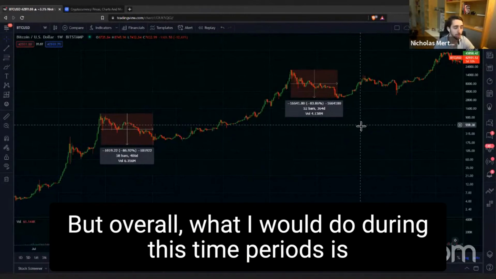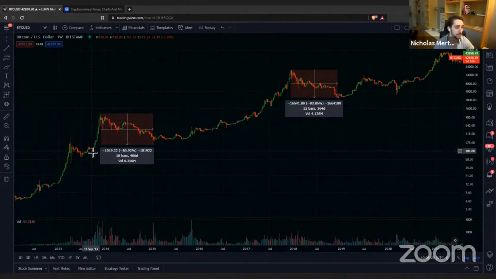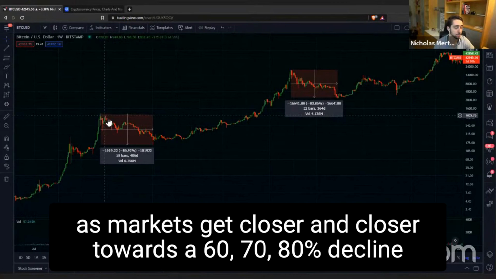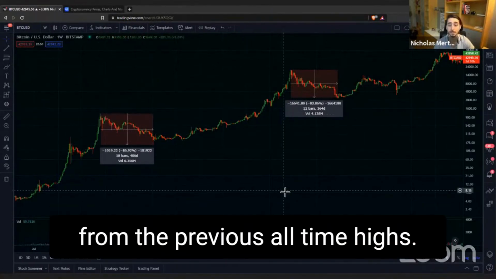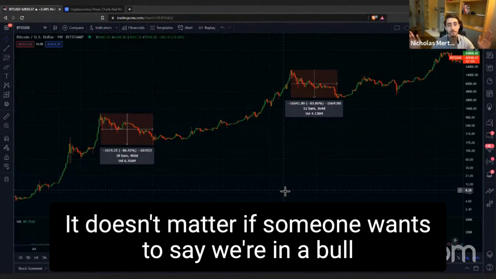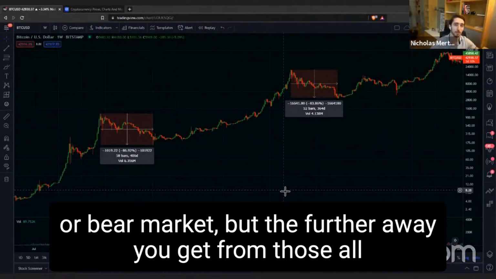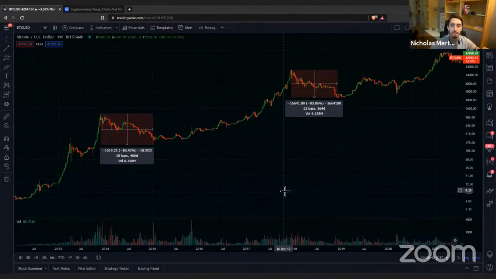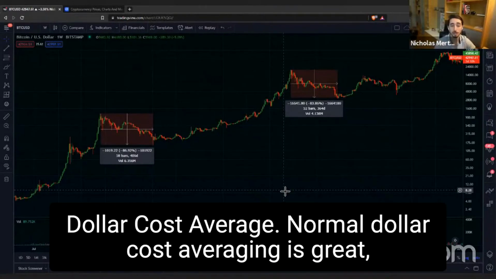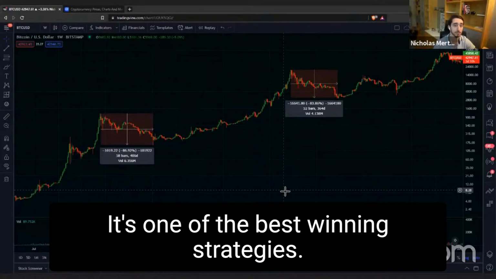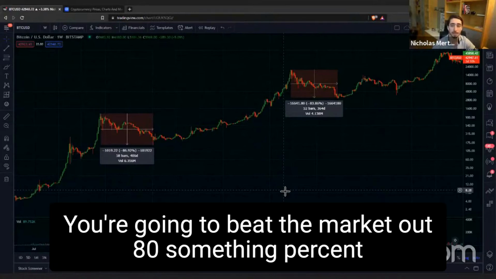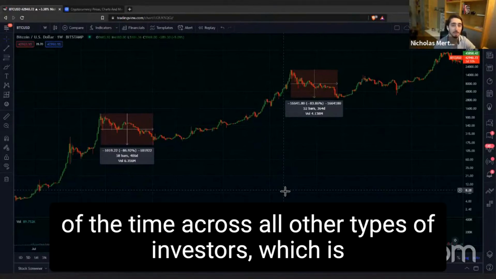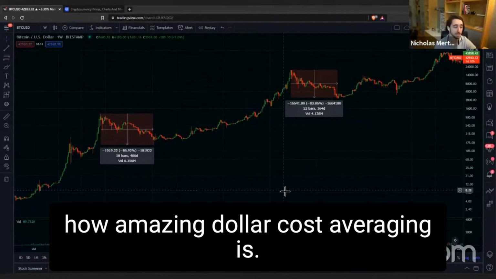But overall, what I would do during these time periods is, as markets get closer and closer towards a 60, 70, 80% decline from the previous all-time highs, doesn't matter if someone wants to say we're in a bull or bear market, the further away you get from those all-time highs in price, you want to more heavily dollar cost average. Normal dollar cost averaging is great. It's one of the best winning strategies. You're going to beat the market 80-something percent of the time across all other types of investors, which is how amazing dollar cost averaging is.